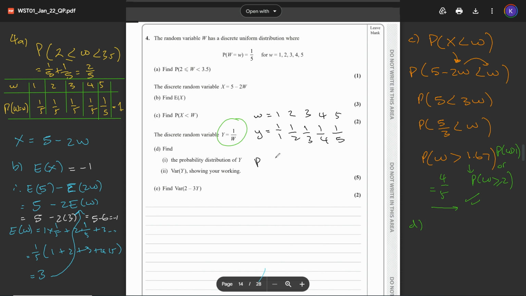The probability of w, however, is given as 1/5. So the probability of y, should it be the same?